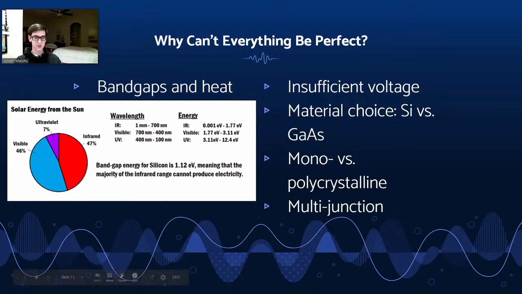The top range of this, 1.77 electron volts, is greater than the band gap of silicon, so that would be able to excite electrons, but not all infrared photons have small enough wavelength and high enough energy to be able to excite electrons. Some infrared photons will just be absorbed as thermal energy, won't produce any charge carriers, and will ultimately degrade the solar cell due to just accumulation of heat.